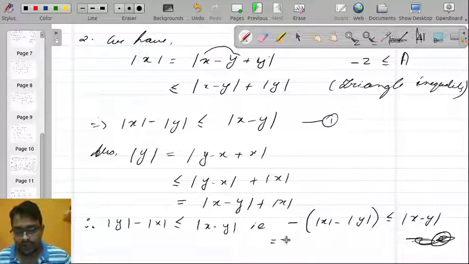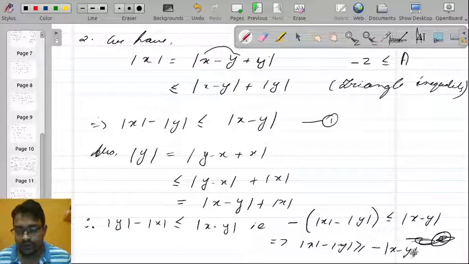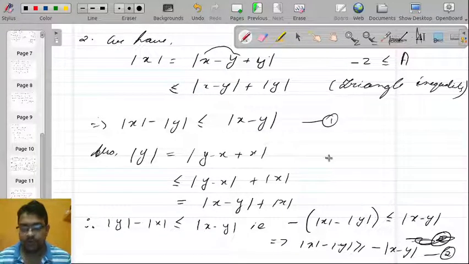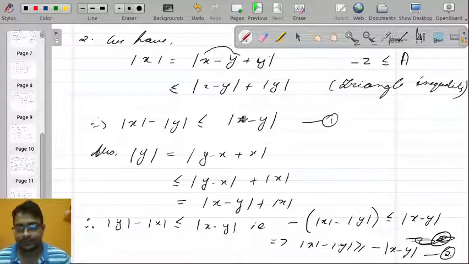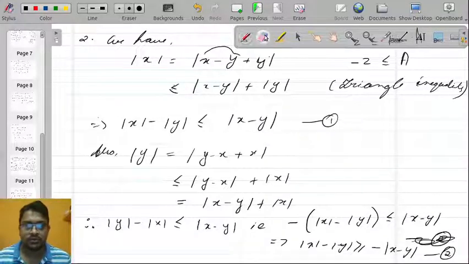If I multiply both sides by minus 1, mod of x minus mod of y is greater than or equal to minus of mod of x minus y. Yeah, let us do it this way. I'll show you the other way also.